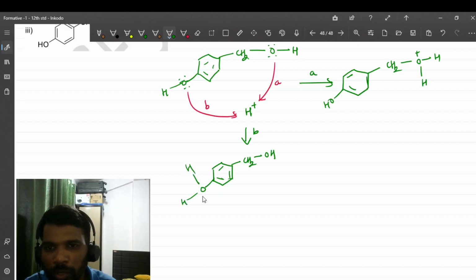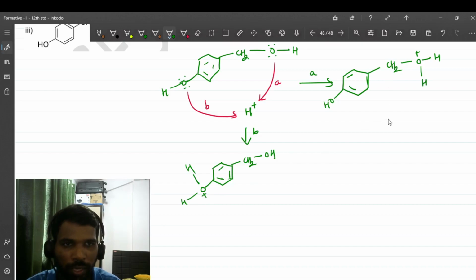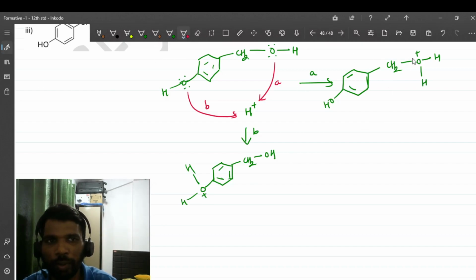So in this case, what will happen is that since there is a positive charge on an electronegative element, this is a positive charge on an electronegative element.